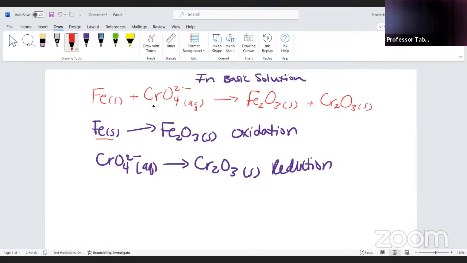And if you notice also, you have 3 oxygens on the right-hand side, okay? So what you're going to have to do is add 3 H2Os to the left-hand side in order to give you your 3 oxygens. Of course, that's going to give you extra hydrogens, okay?